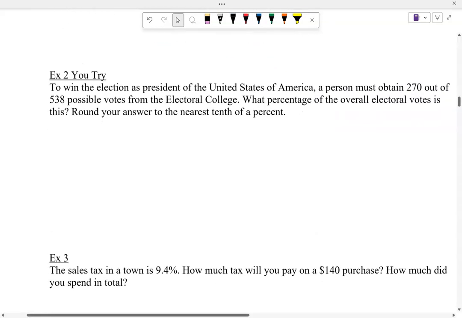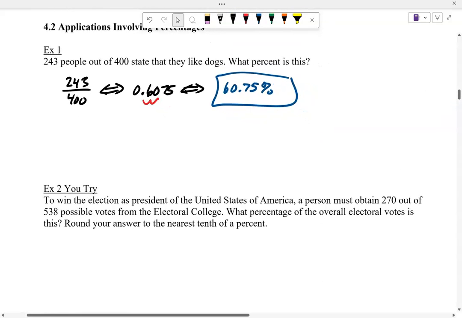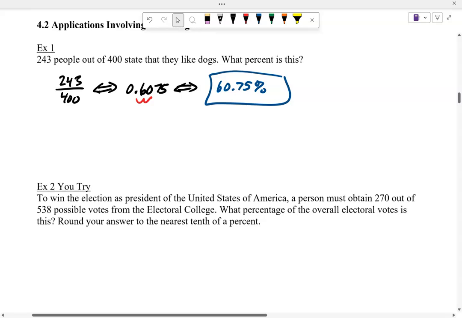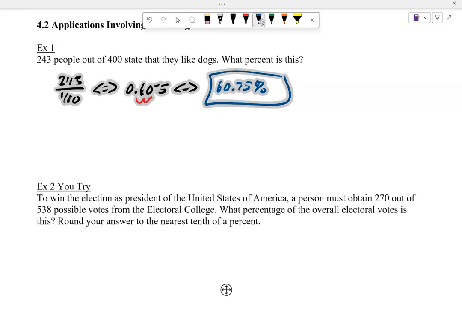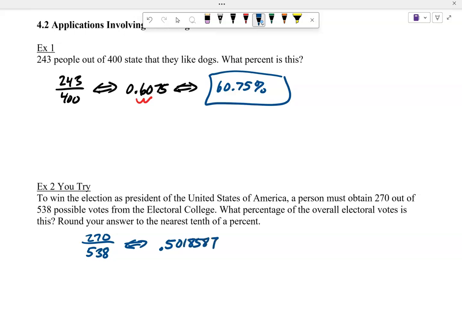Let's try the next one. To win the election for President of the U.S., you have to have 270 out of 538 from the Electoral College. This is a good one to pause and try, of course. 270 out of 538. Punch that in as well. And we'll round it to the nearest percent. So 0.50185873661.